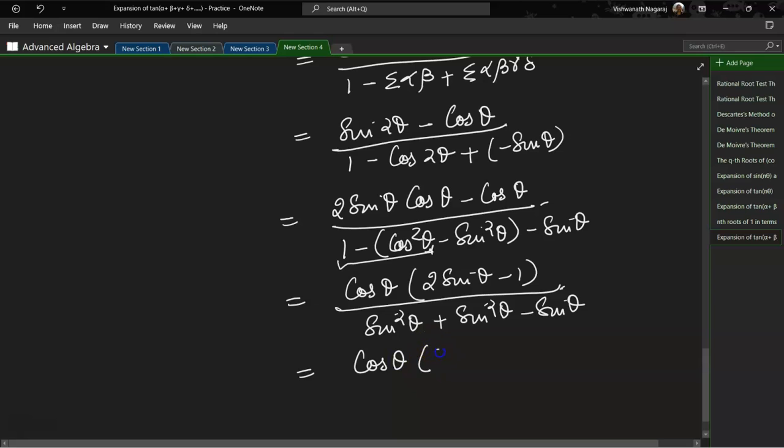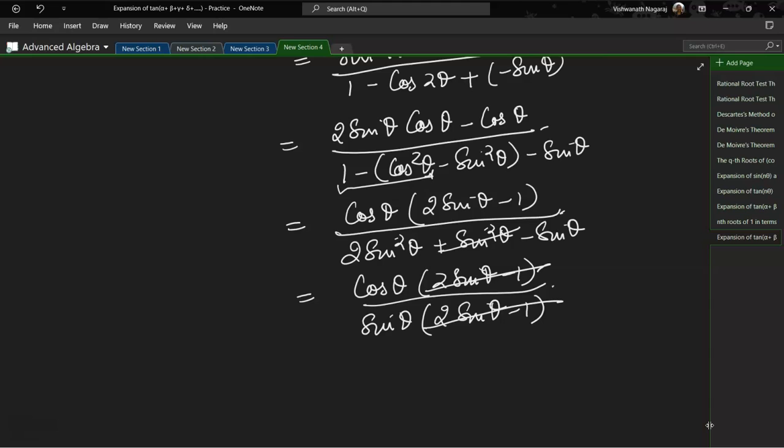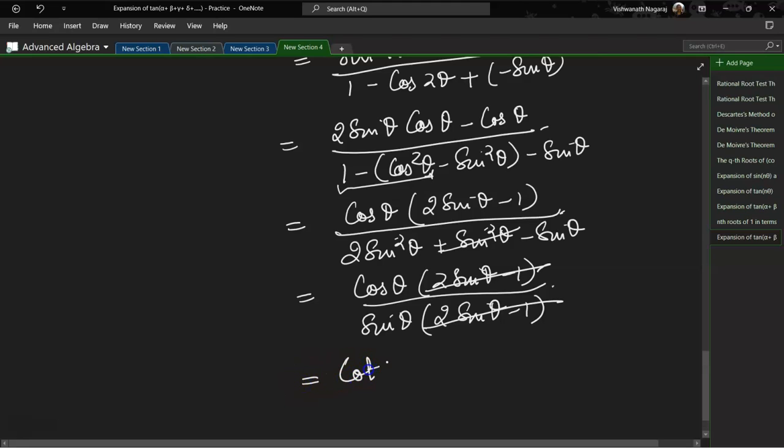Cos theta times 2 sin theta minus 1 divided by, this becomes 2 sin square theta. So let me write 2 here and cancel this out. Now here sin theta is common, so sin theta times 2 sin theta minus 1. So this and this get cancelled, and we are left with cos theta by sin theta, which is equal to cot theta. And remember, here we have tan of theta 1 plus theta 2 plus theta 3 plus theta 4.